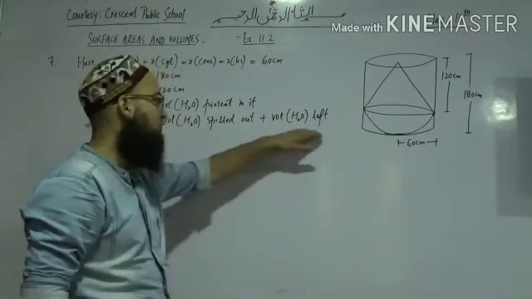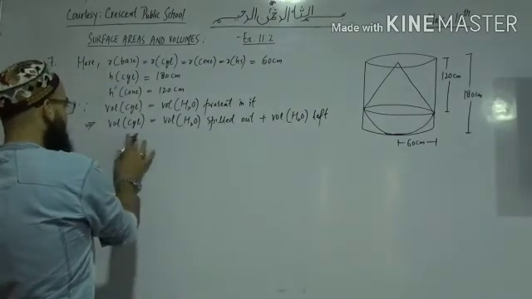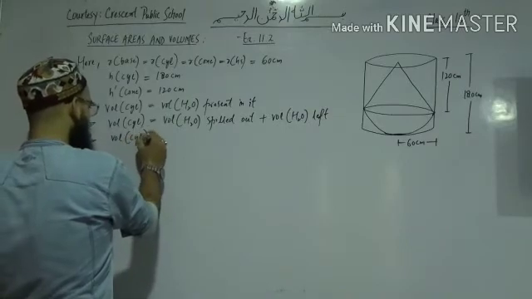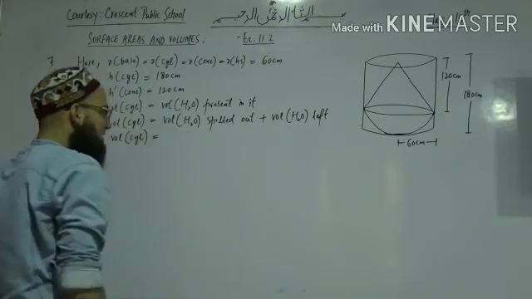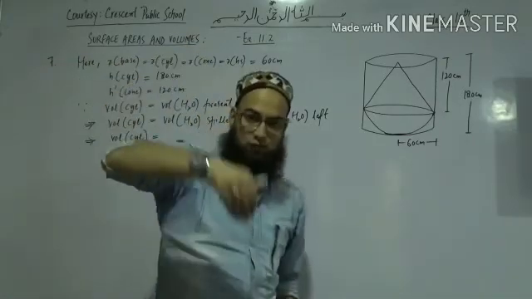Now this is what we need to find, the volume of water left. The volume of the cylinder we can easily find. The volume of water spilled out will be equal to the volume of the solid.